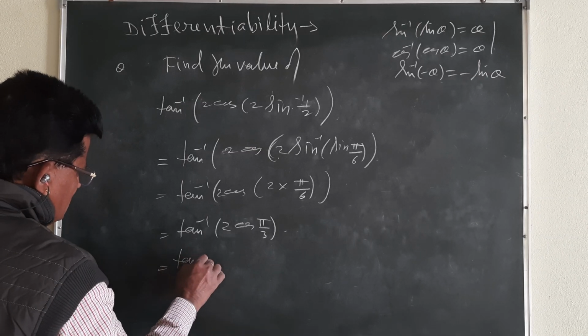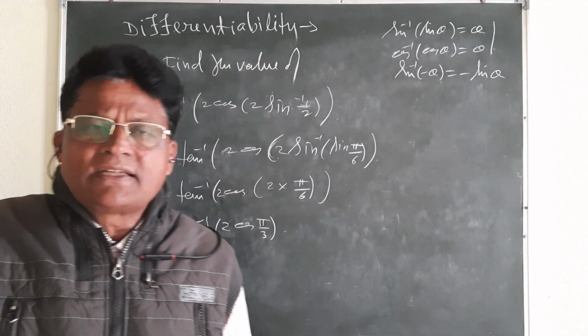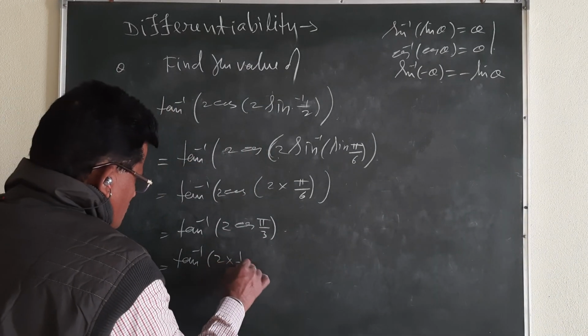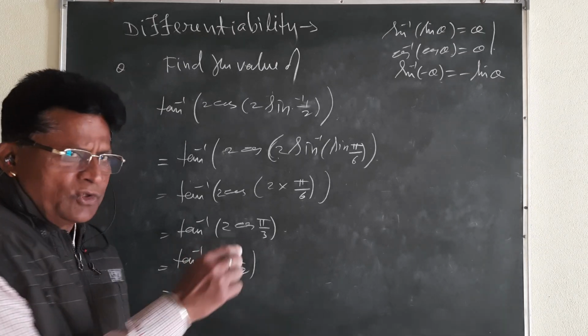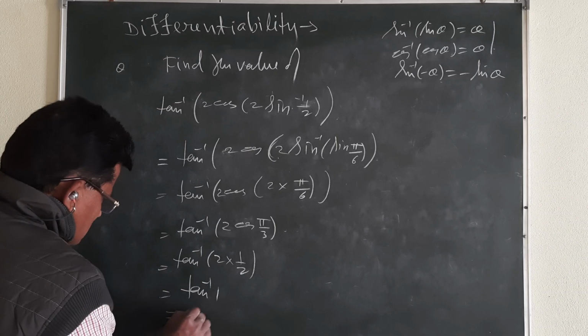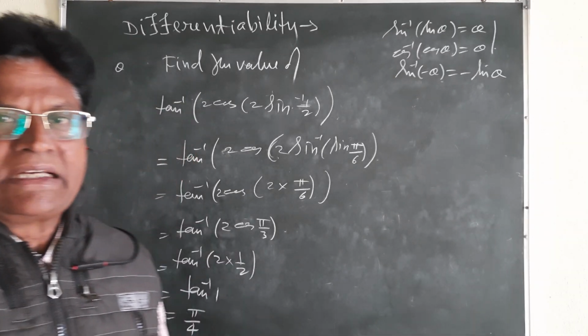Okay, tan inverse 2 cos pi by 3. Cos pi by 3 means 60 degree. And cos 60 degree, dear student, you know, is 1 by 2, and tan inverse 1, already I told you its value. Tan inverse 1, that is how much? 45 degree, pi by 4. That will be its value.